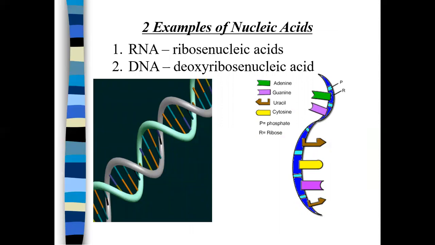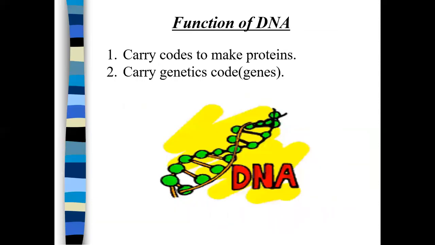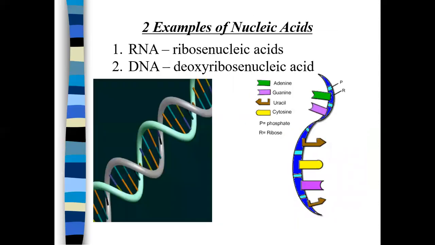These are examples of nucleic acid, DNA and RNA. The difference between DNA and RNA is that DNA has one oxygen less than RNA.